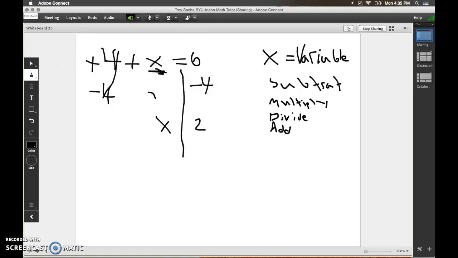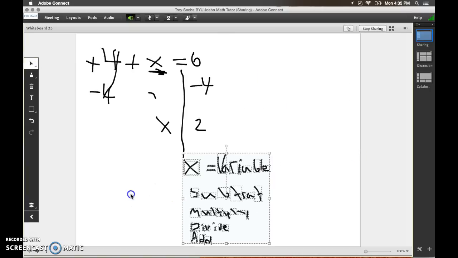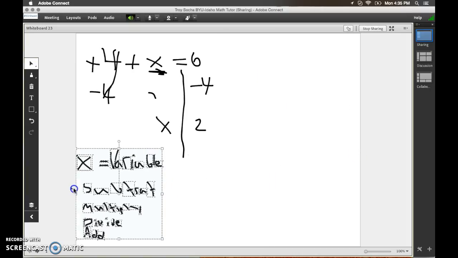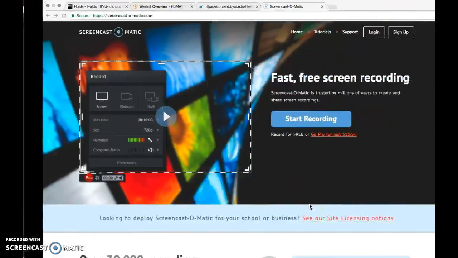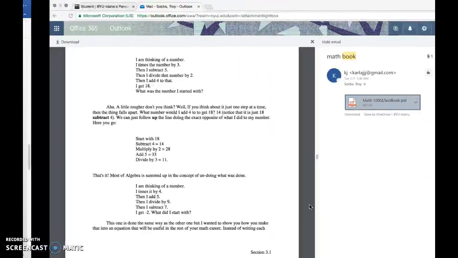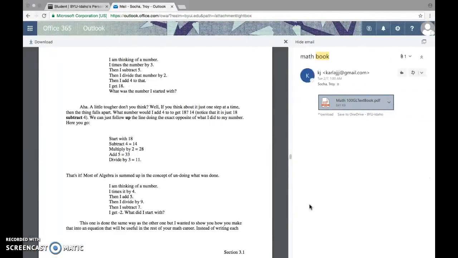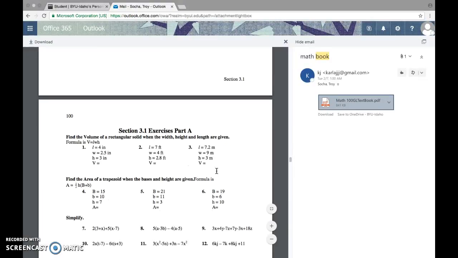Now let's view another problem that's similar. Let's take one from the textbook. All right, so we're going to take a problem from 3.1A.